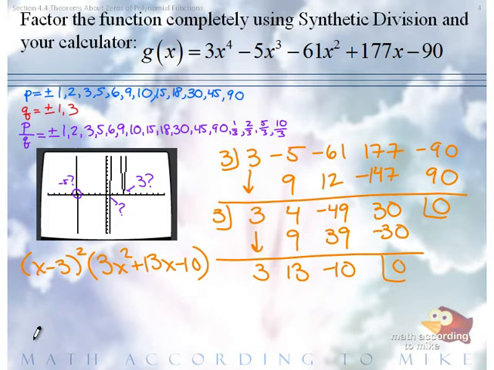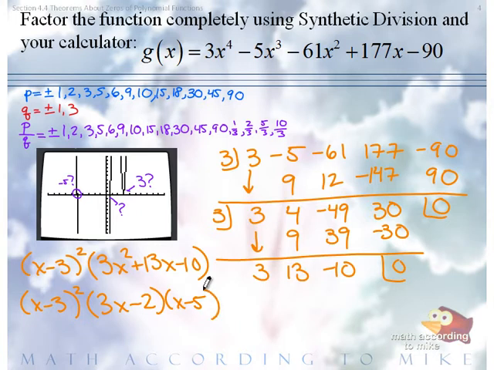So then to finish this off, how does 3x squared plus 13x minus 10 factor? One more time. 3x minus 2 times x plus 5.